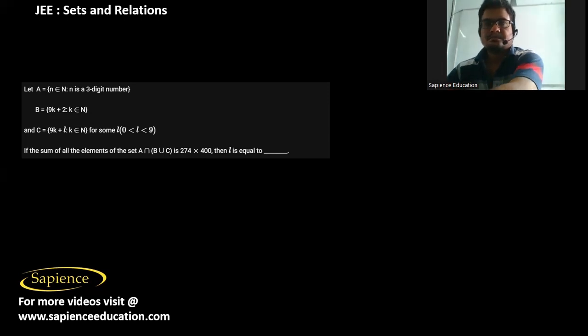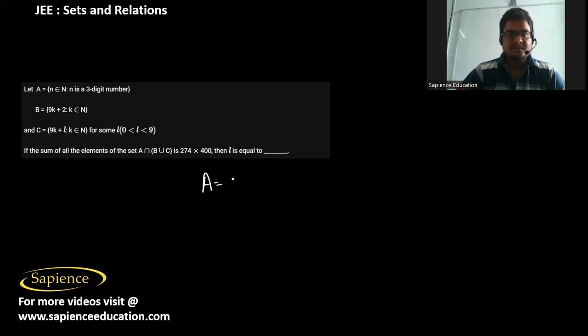So here it is told that A is a set of all those natural numbers n such that n is a 3-digit number.